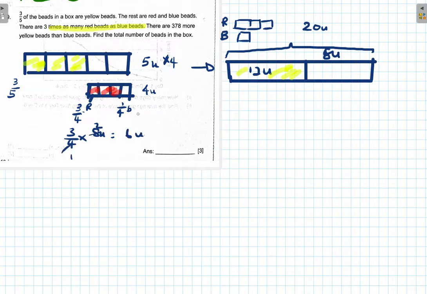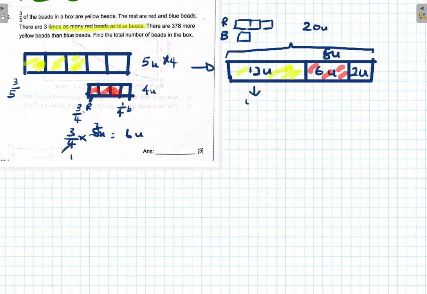So 6 units actually belongs to the red. And then I am left with 2 units belonging to the blue, correct?